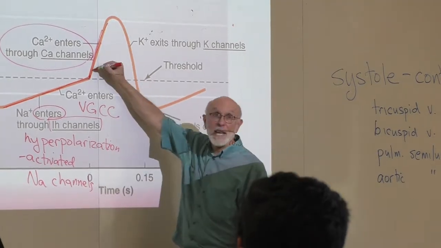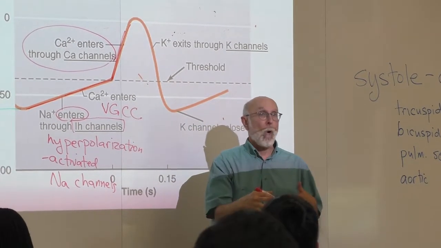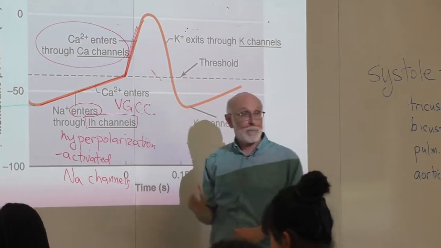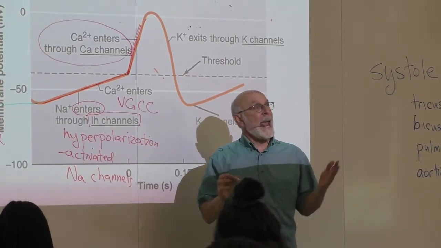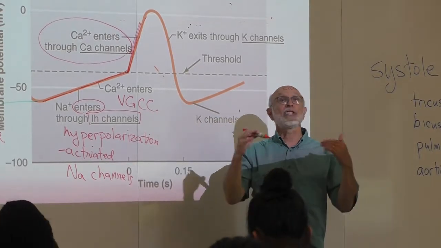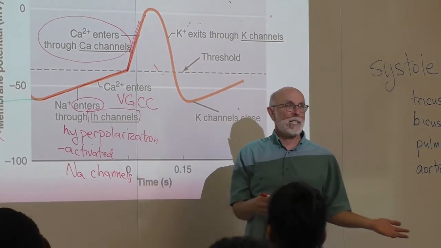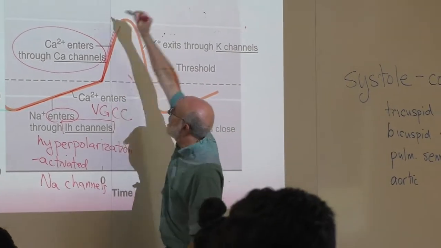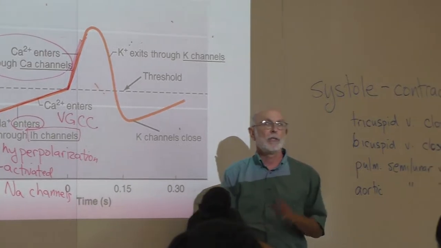It's voltage-gated calcium channels that play the role of sodium channels in causing the action potential. And because voltage-gated calcium channels are slow relative to voltage-gated sodium channels, the depolarization is relatively slow. It's not as fast as you'll see in a second.